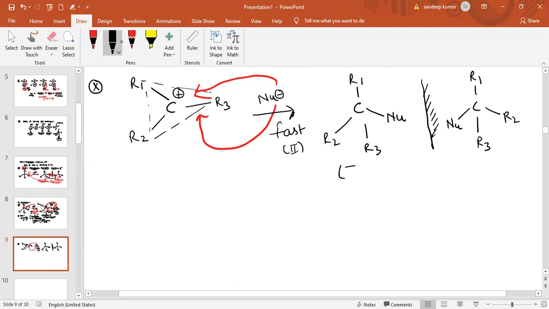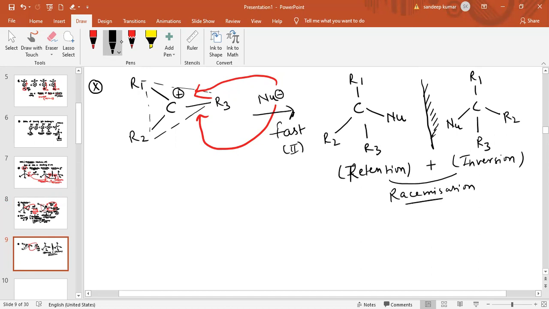This is the retention product, and this is the inversion product. When both retention and inversion occur, this process we call racemization. So in this case, racemization occurs.